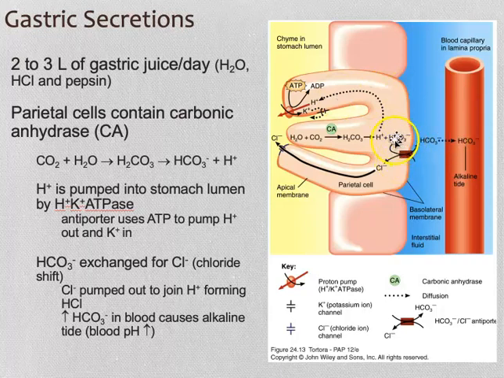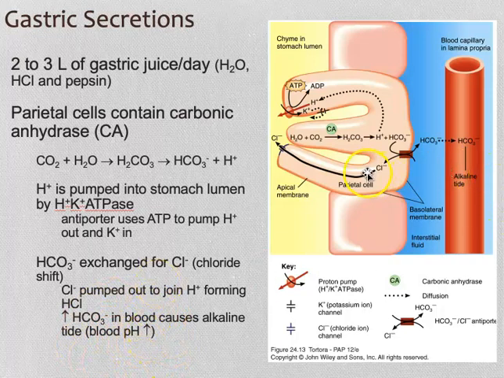The one other thing that's occurring here as we're pumping out all this bicarbonate is that it ends up being picked up by the blood vessels, and this bicarbonate has a fairly basic pH, right? This is basic. So there's something called an alkaline tide, where the blood pH temporarily increases.